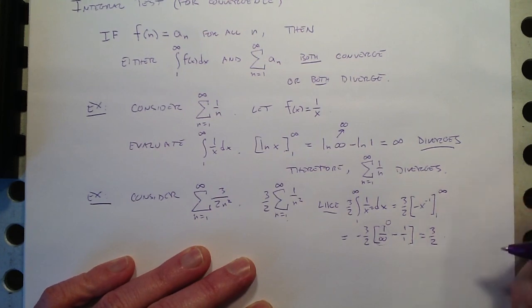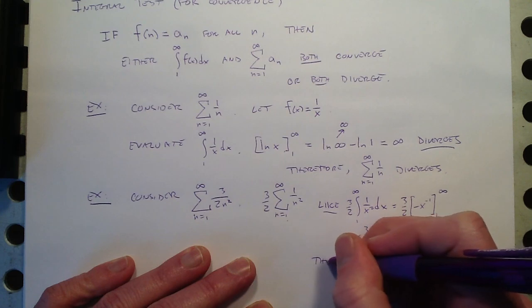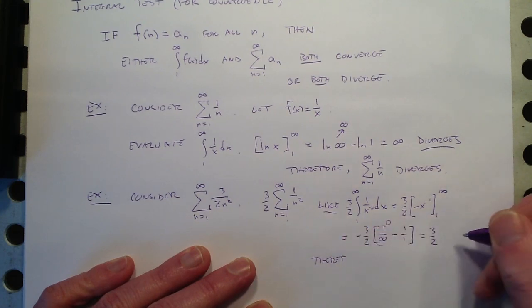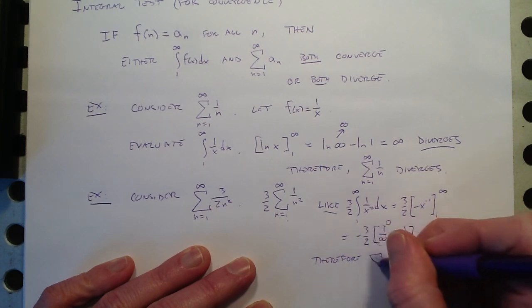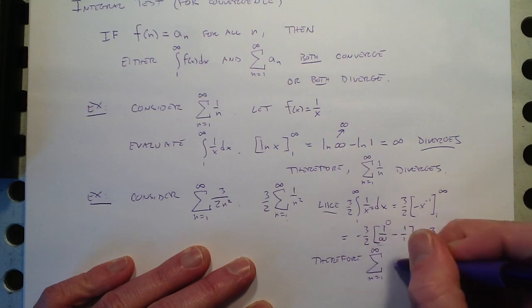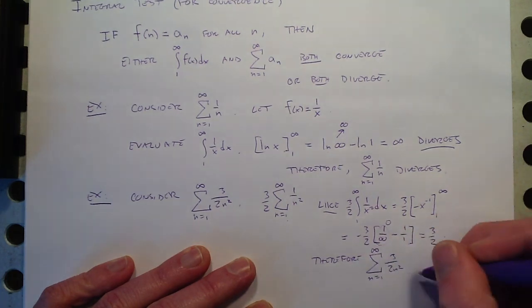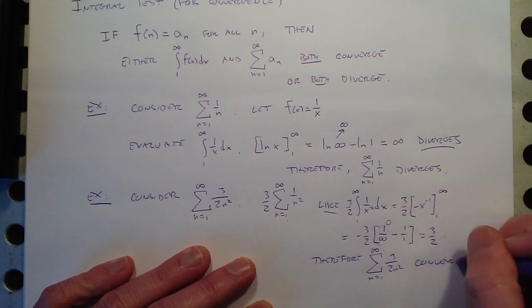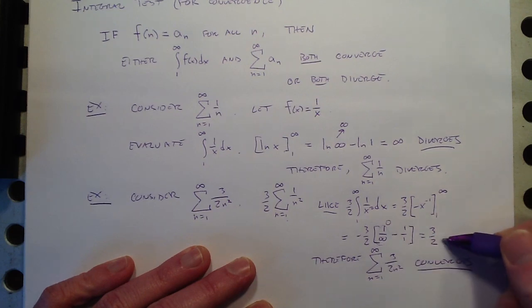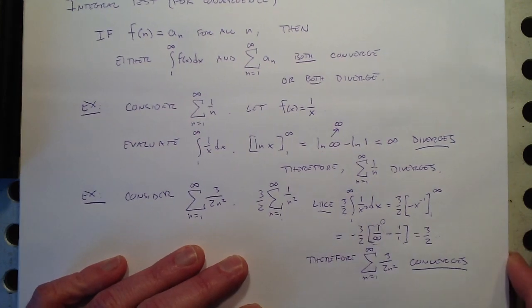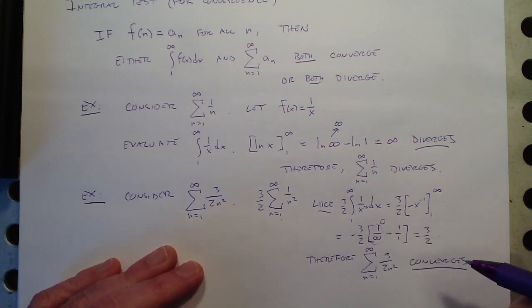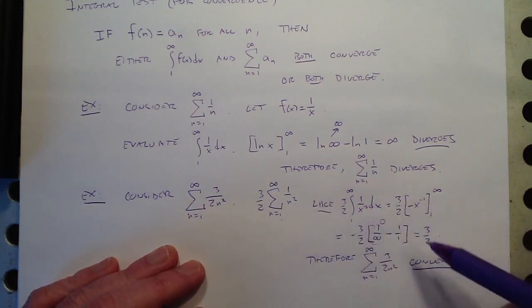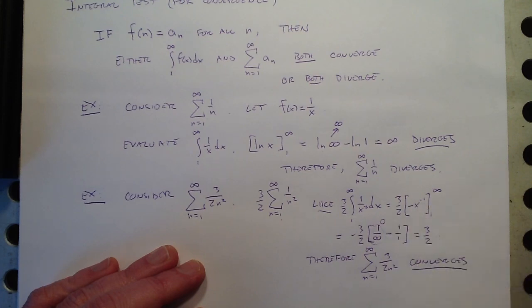So this exists. Therefore, my original sum from n equals 1 to infinity of 3 over 2n squared converges. What does it converge to? Does it converge to 3 halves? Maybe, but this test does not tell us what something converges to. It only tells us if it converges or not. It does not necessarily equal the value of the improper integral, if that improper integral exists.